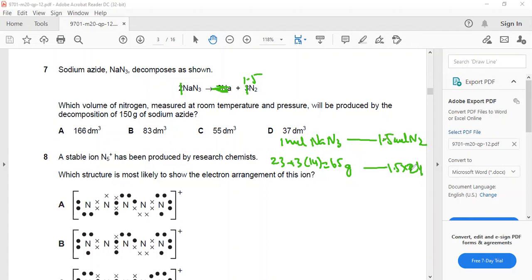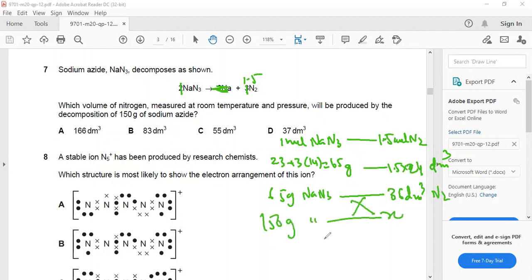So 1.5 mole means 1.5 multiplied by 24 dm cube, because 1 mole is 24 dm cube. So 65 gram NaN3 produces 36 dm cube nitrogen. The question is, 150 gram NaN3 produces how much? So obviously the answer will be 83. B is the answer.